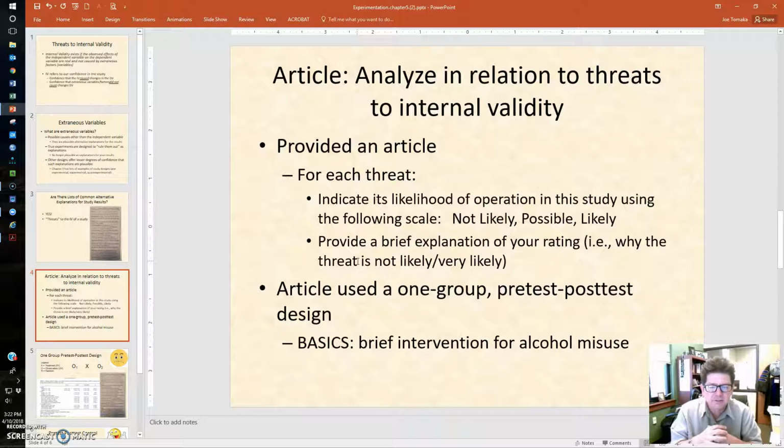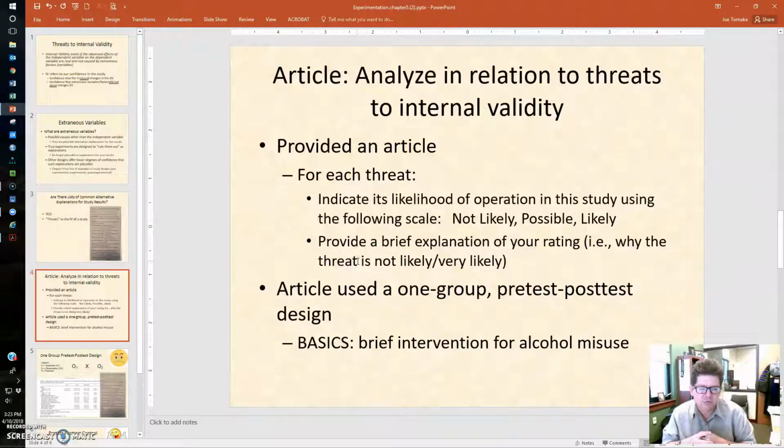But what the assignment asked you to do was to read that article, and for each of those listed threats in Table 9.1, indicate its likelihood of operation using the following scale: not likely, possible, or likely, and then provide a brief explanation of your rating. Why the threat was or was not likely or very likely, or whatever decision you said. Why was it possible that it was operating or not possible that it was operating?